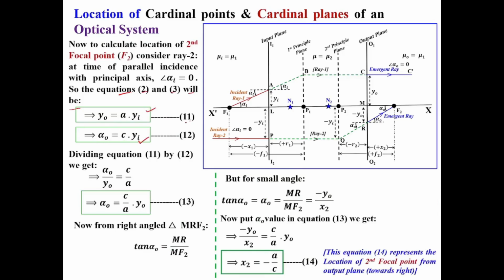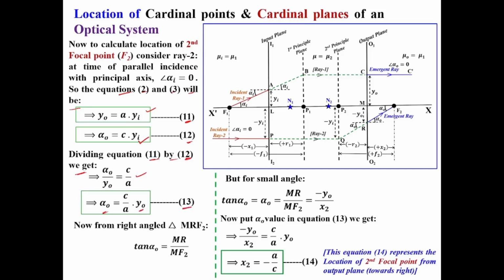Let this be your equation number 11 and this one is your equation number 12. Now dividing equation number 11 by 12, we get alpha o by Yo equal to C by A. That implies alpha o equal to C by A into Yo. Let this be your equation number 13.